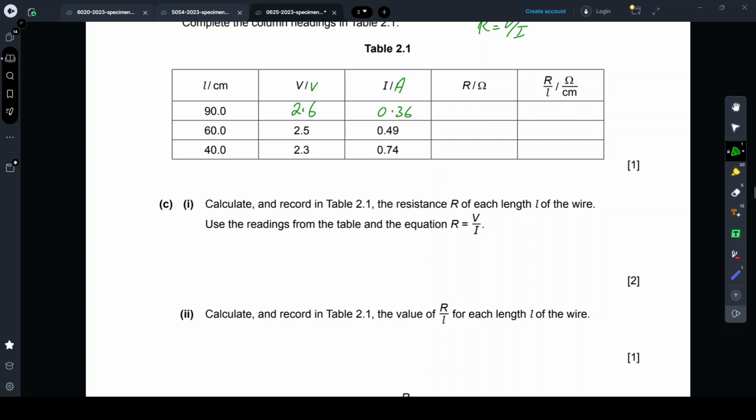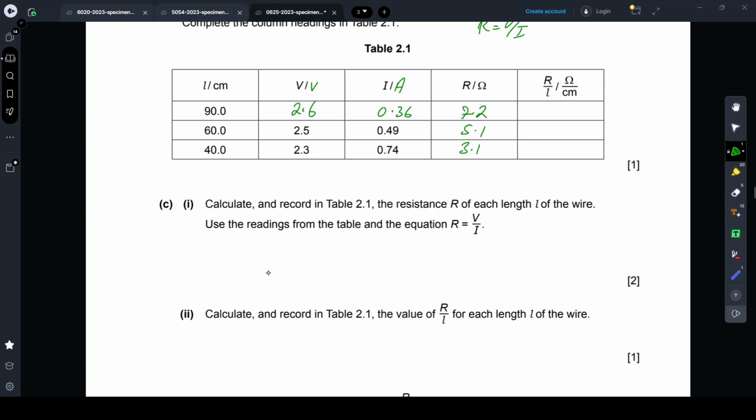It's 7.2. And for 2.5 and 0.49, it's going to be 5.1. And the next one is going to be 3.1.